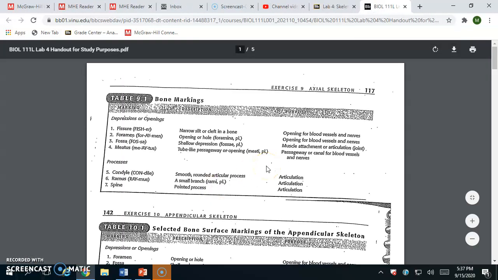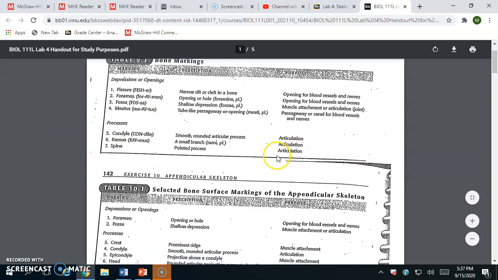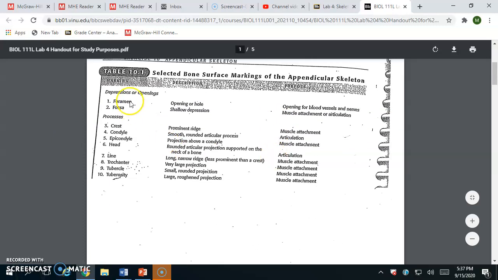I have a list of those, like foramen, fossa, meatus, condyle. You can see all those, and then they have the description of those. So if you're not sure what those mean, you can look at the description, and then it makes a lot more sense why they're named that. There are some more down here as well.